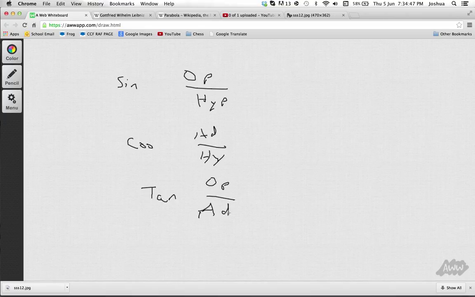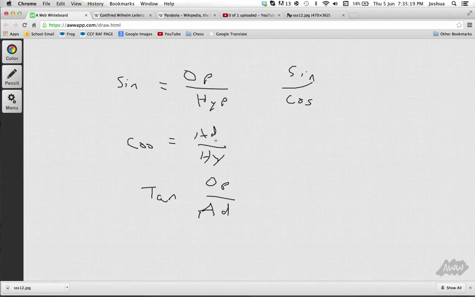And as you all know, you can also rearrange this equation. So suppose you were to just flip it. What you could do is rearrange it, and you'd find that in doing so you could divide sine by cos, and that would be opposite divided by hypotenuse divided by adjacent divided by hypotenuse.